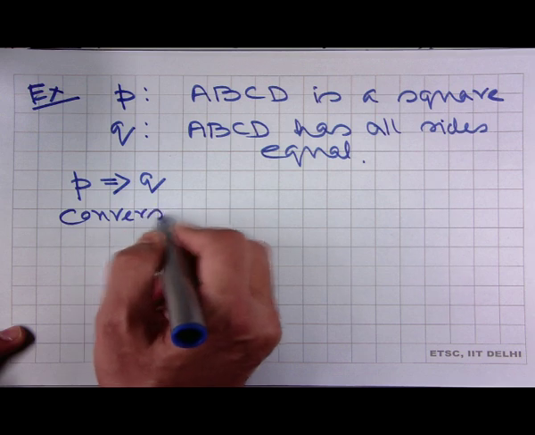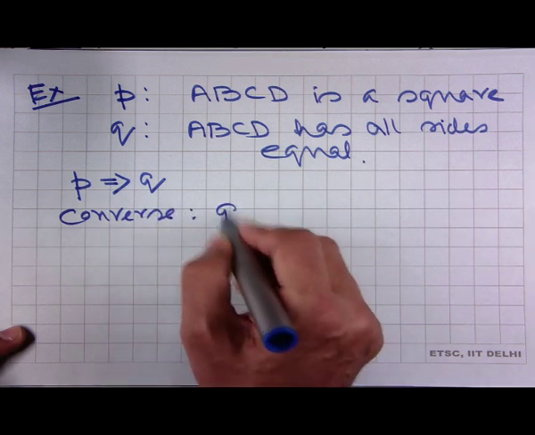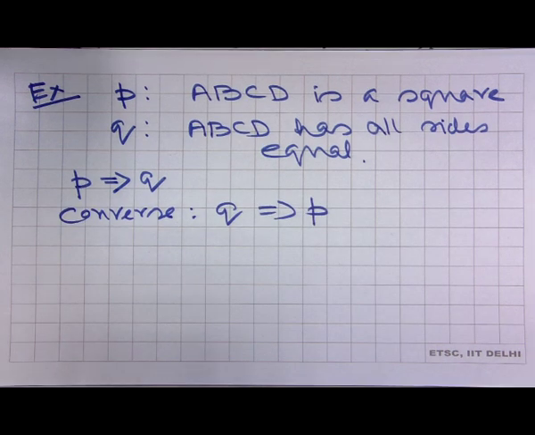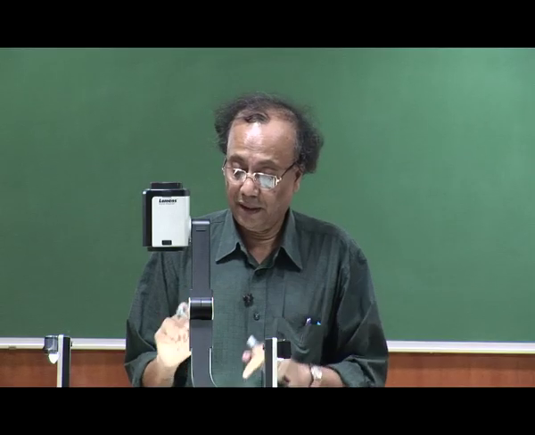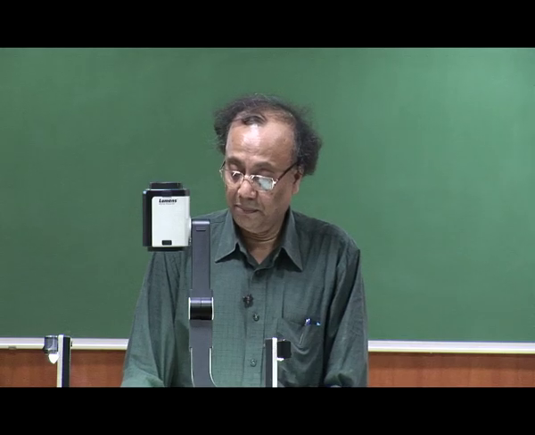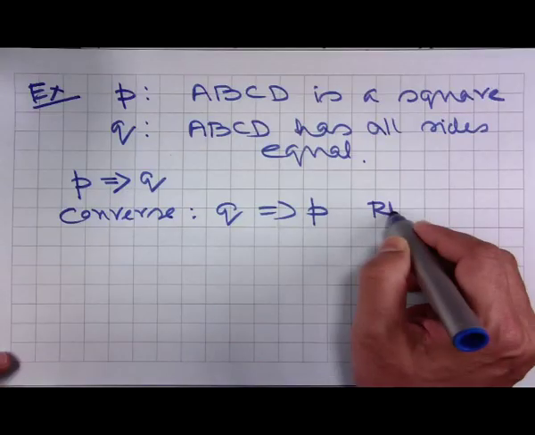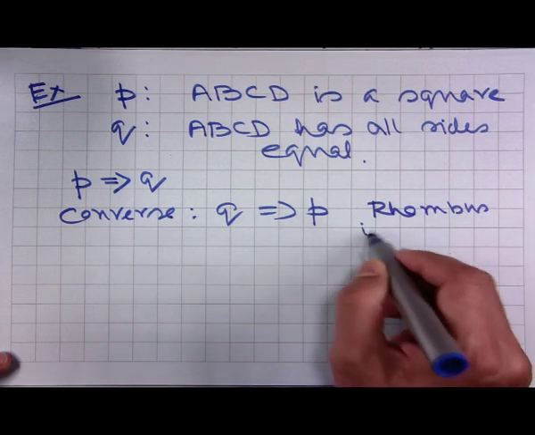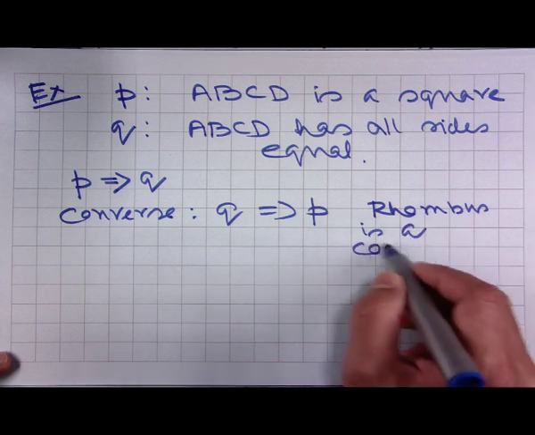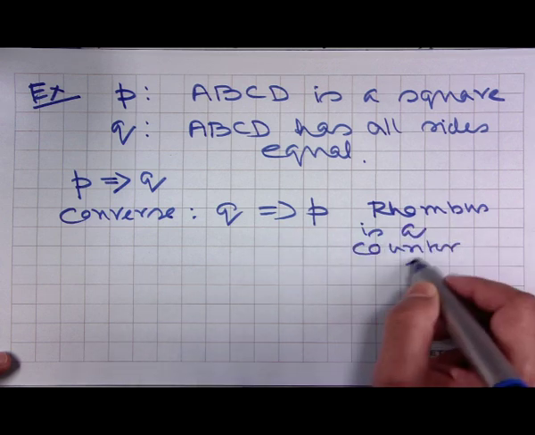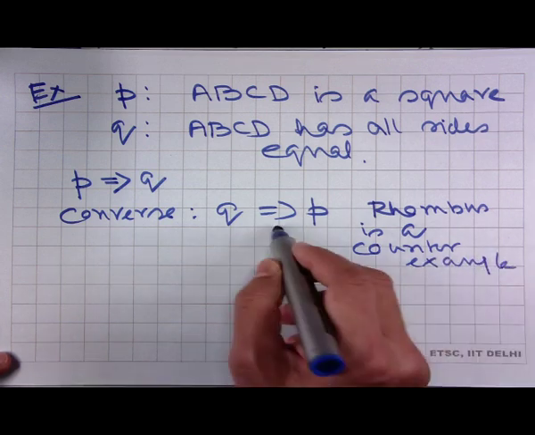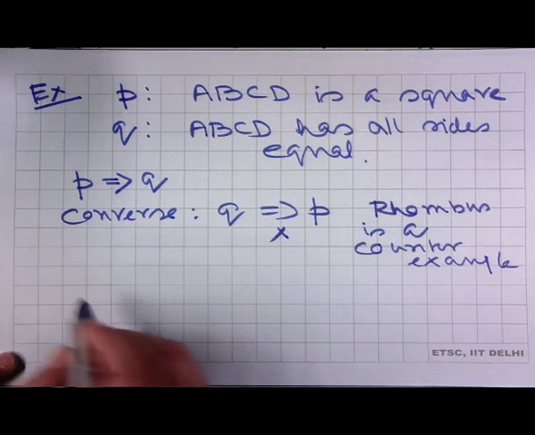Q implies P, which means if ABCD has all sides equal, then ABCD is a square. We know that a rhombus does not fit, right? Rhombus may be the case, so this is not always correct.